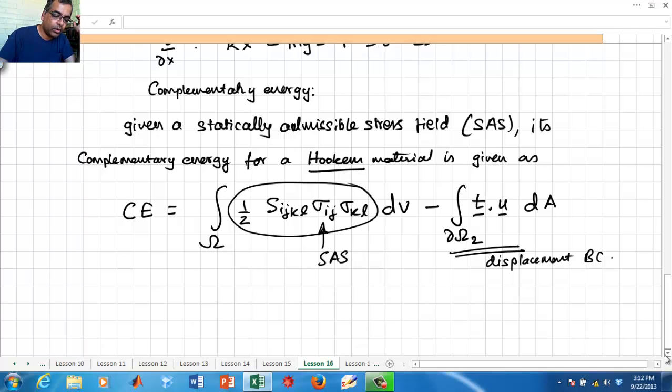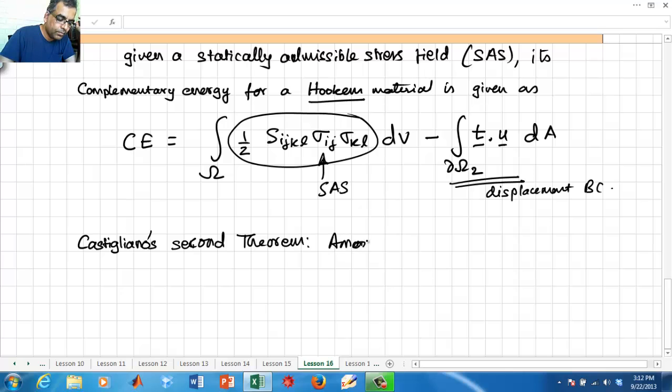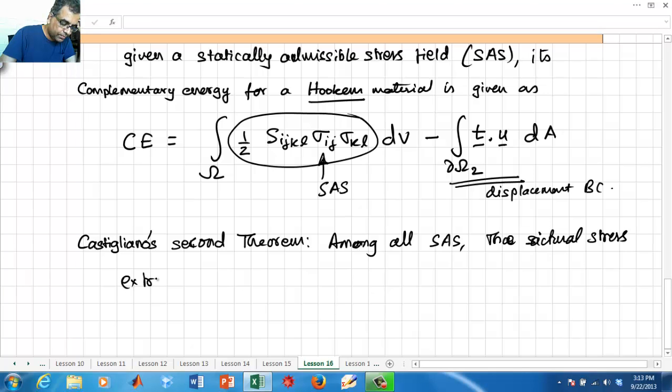So now we talk about Castigliano's second theorem, which says among all SAS, the actual stress extremizes the complementary energy.